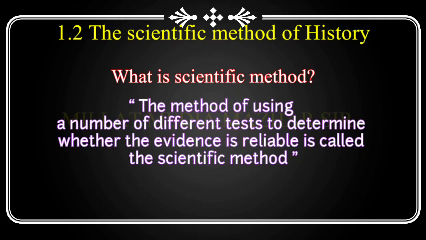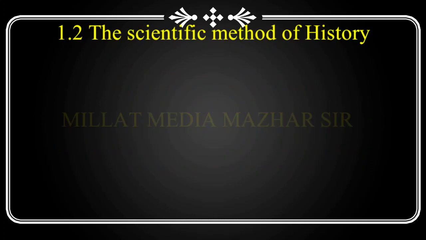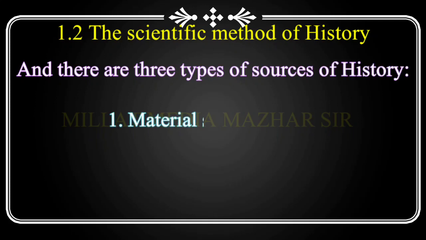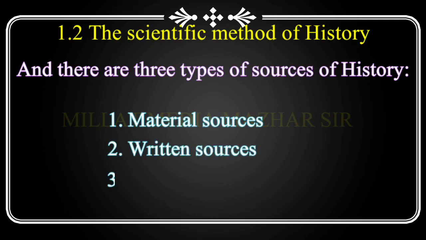The method of using a number of different tests to determine whether the evidence is reliable is called the scientific method. And there are three types of sources of history. Number one, material sources. Number two, written sources. And number three, oral sources.